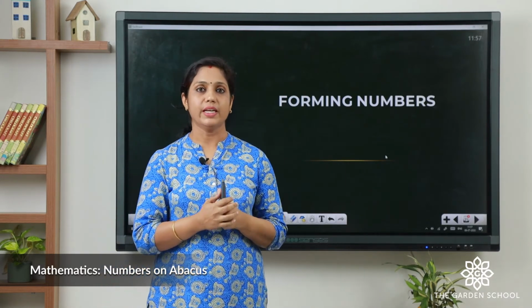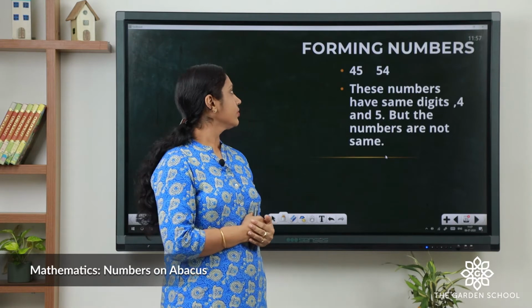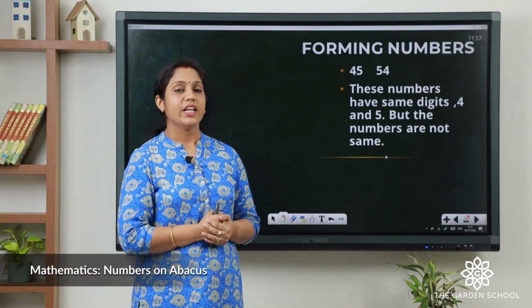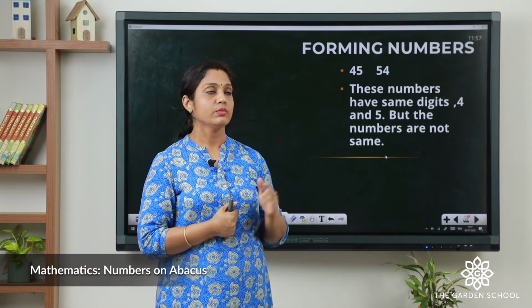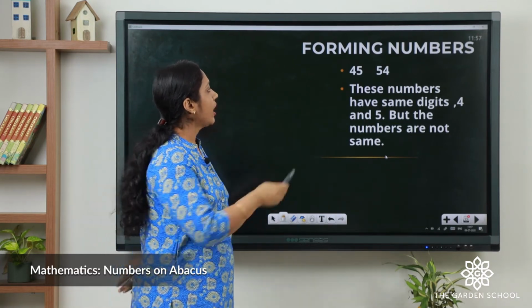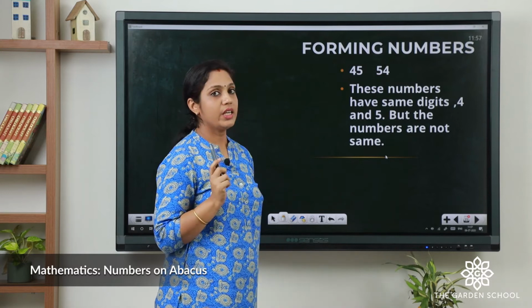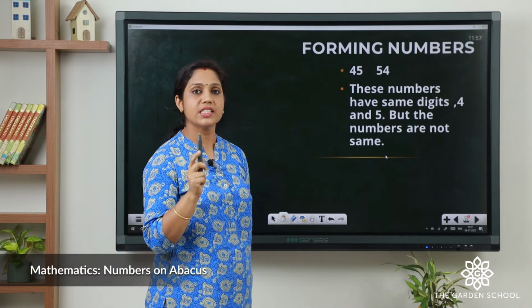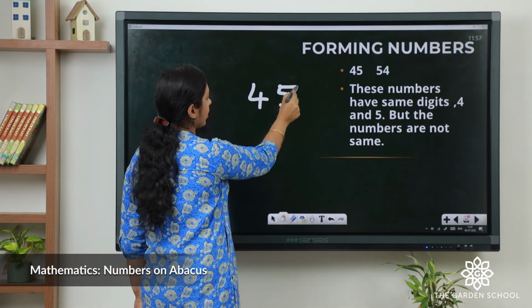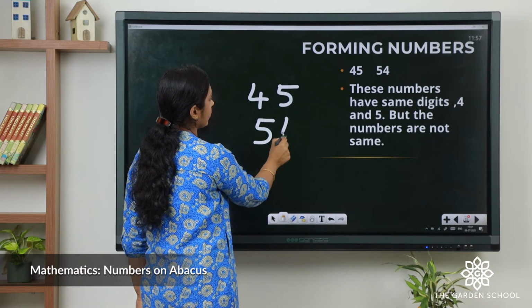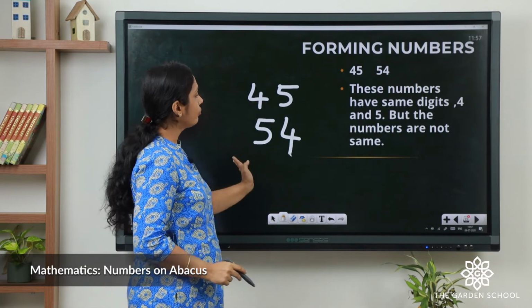So what are forming numbers? Here you can see the numbers 45 and 54 are given. In 45 and 54, both numbers have the same digits, 4 and 5, 5 and 4.